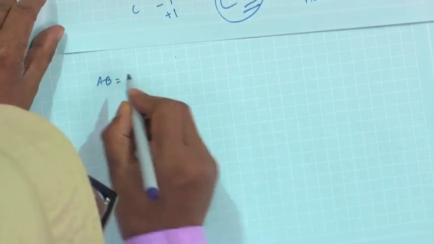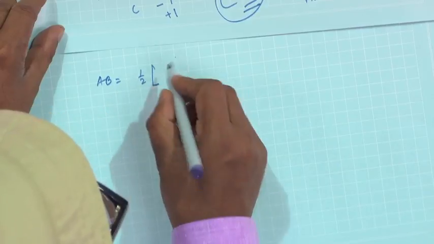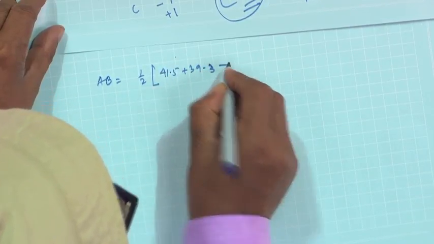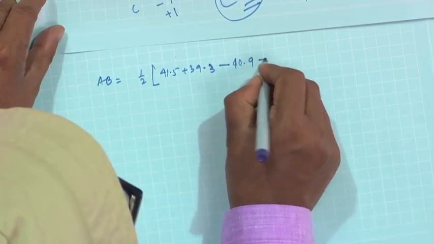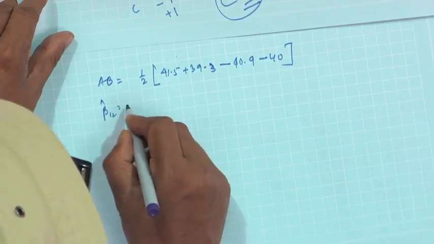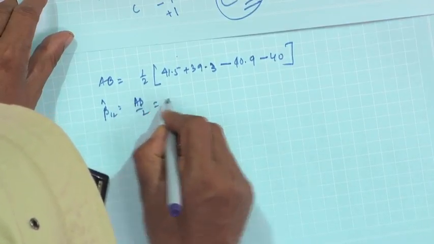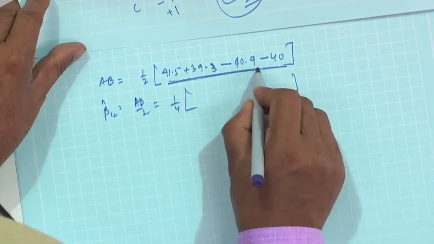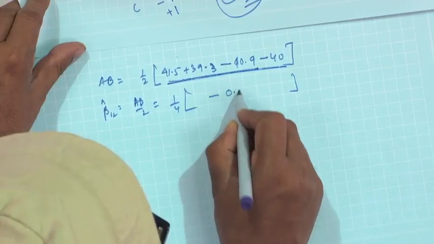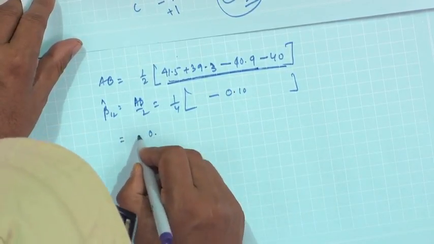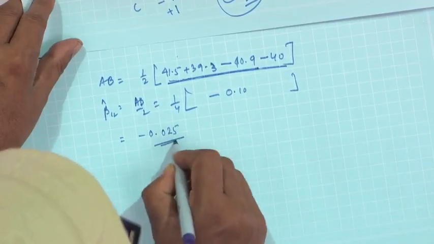So, using this data, AB equals half of 41.5 plus 39.3 minus 40.9 minus 40, then beta 1 2 will be half of AB, that means 1/4 of this. In between, this quantity is minus 0.10. So, beta 1 2 is minus 0.025.